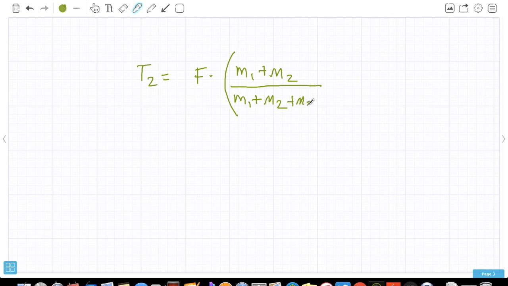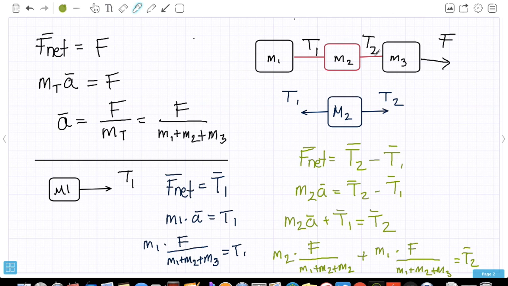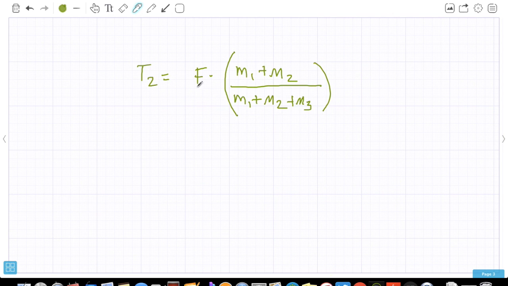So again, this is telling us that the second tension force is a ratio of these two masses combined over the whole mass. And that makes sense because tension 2 is not only responsible for pulling M2, but it's also responsible for pulling M1. So it needs to be stronger than tension 1. So again, that tension 2 force is this.